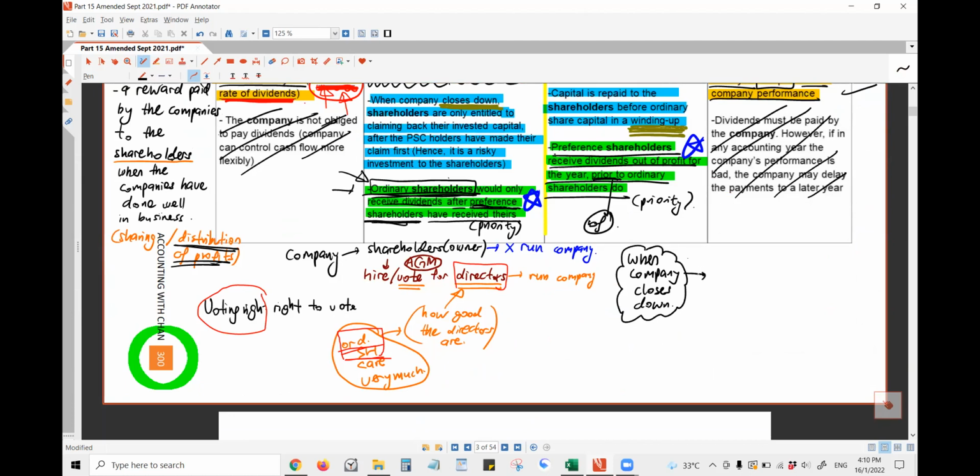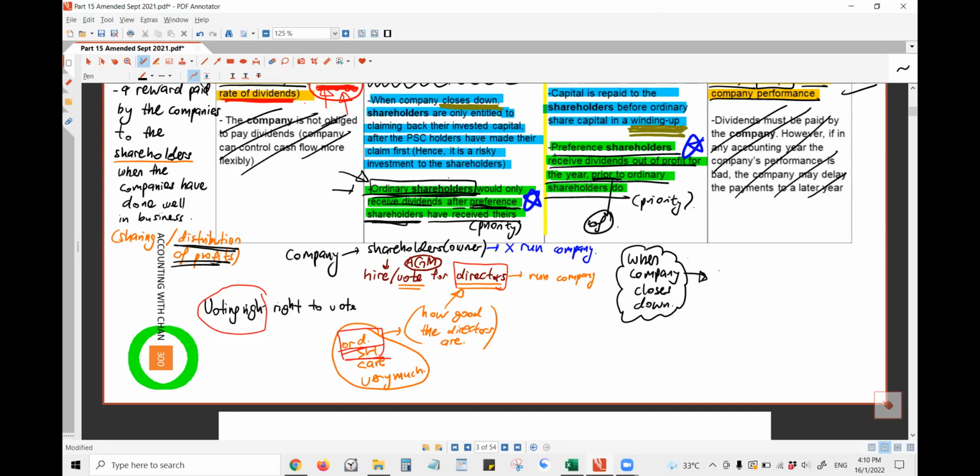When you have closed down your company, it means that you are closing down your business. Whatever you still have in the business, do you still need them? No, right? Let's say you have a factory. Do you still need that factory? No. All the things that are in the factory, do you still need them? No. So you have to sell them off.